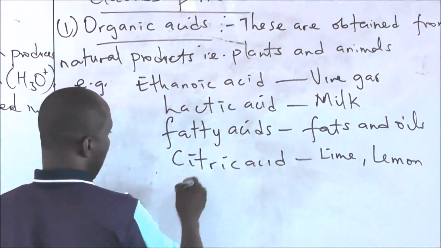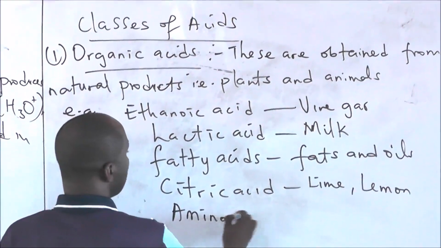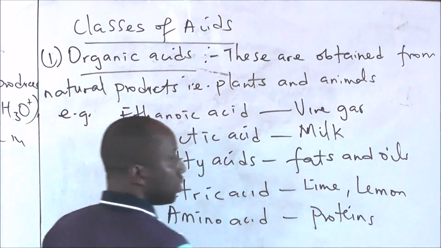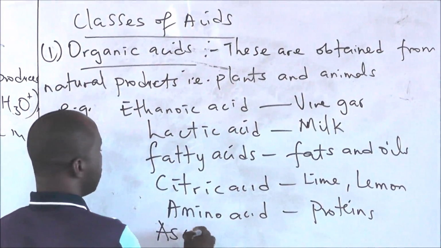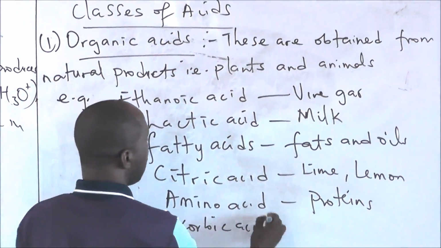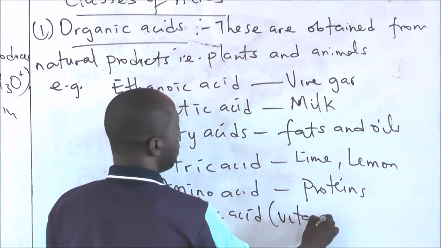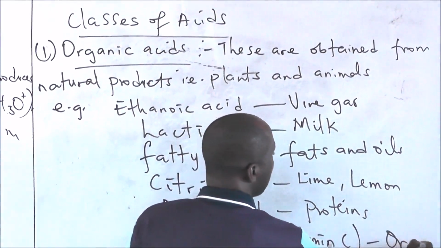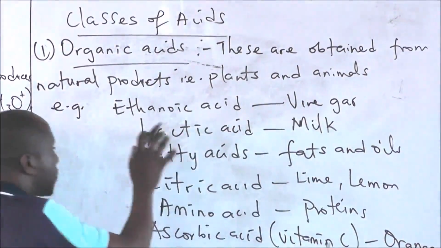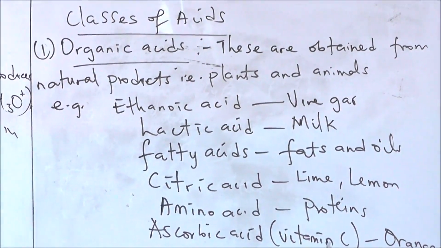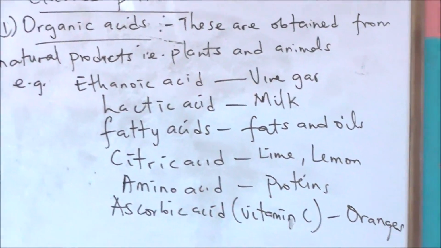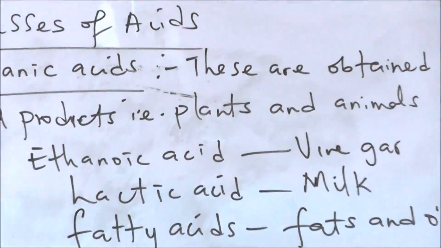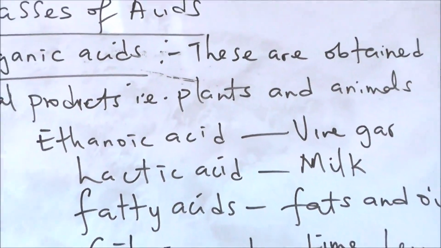Then we have amino acid obtained from proteins. And then we have ascorbic acid, or what we refer to as vitamin C, obtained from oranges. So all these listed acids are organic acids because we obtain them from natural products. You get them from plants or animals.